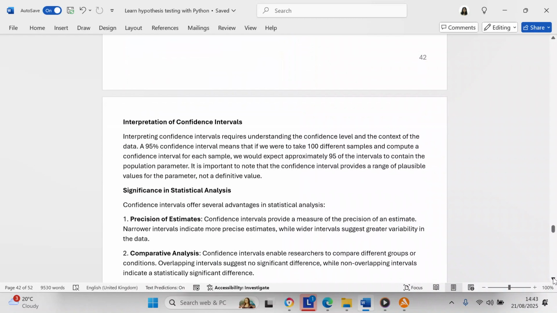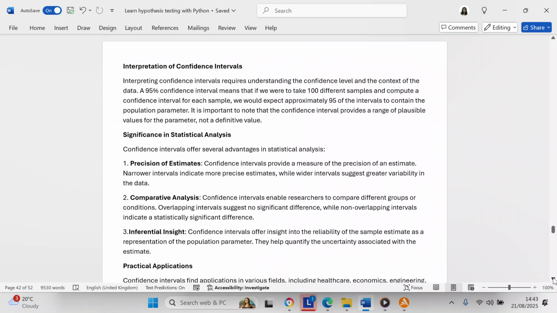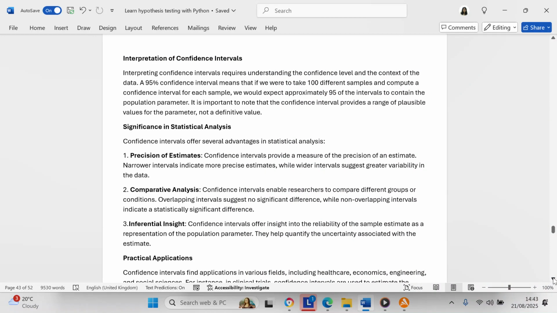So we're going to talk about interpreting confidence intervals. Interpreting confidence intervals requires understanding the confidence level and the context of the data. A 95% confidence interval means that if we were to take 100 different samples and compute a confidence interval for each sample, we would expect approximately 95 of the intervals to contain the population parameter.